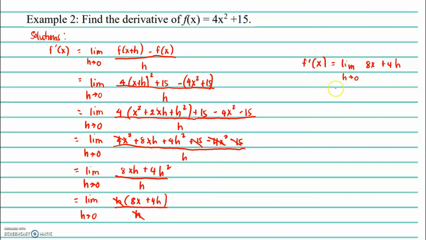Now we can already get the limit through the substitution method. So you have 8x plus 4 times 0. It gives us 8x. So the derivative of our function, or f prime of x, is equal to 8x.